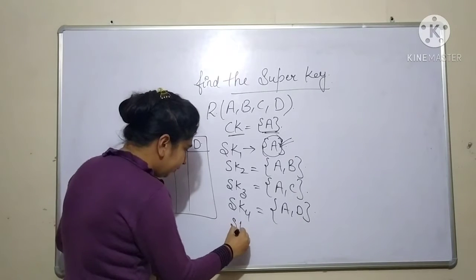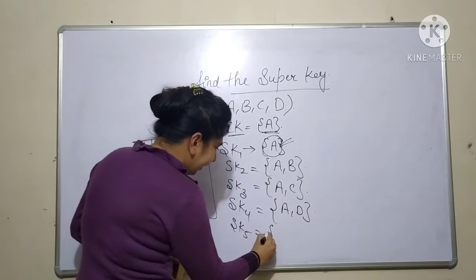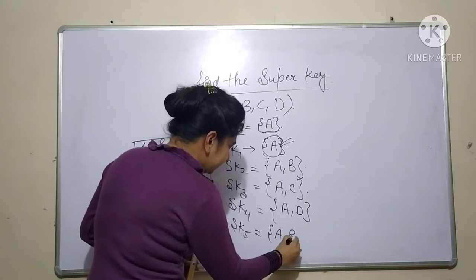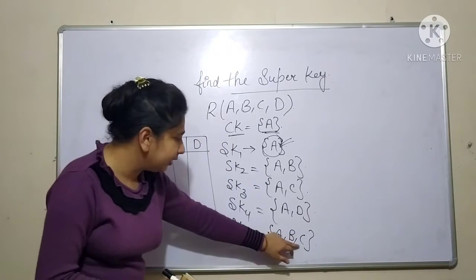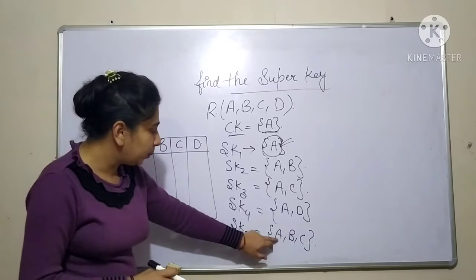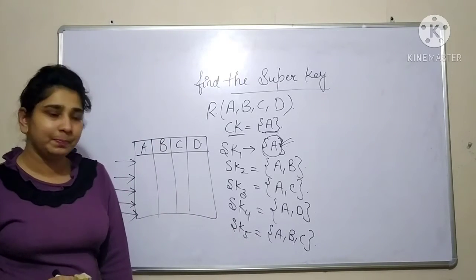Next we have A, B, C. Now I am adding two more attributes with the key attribute.